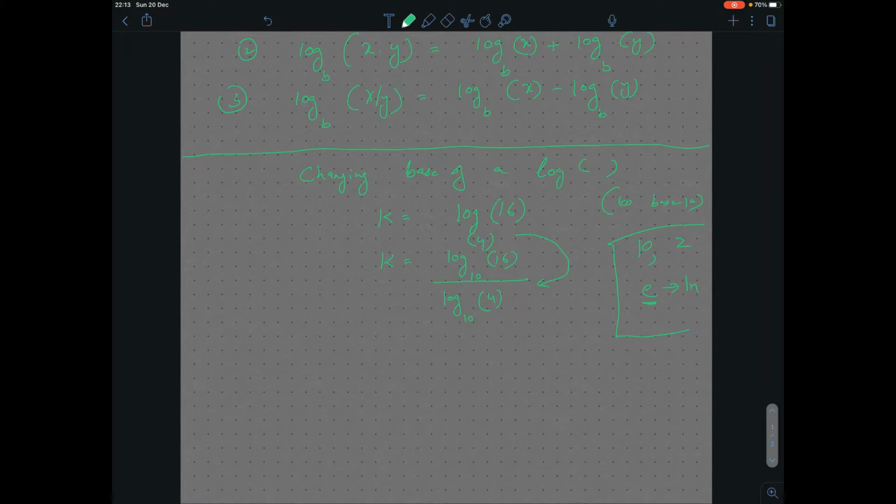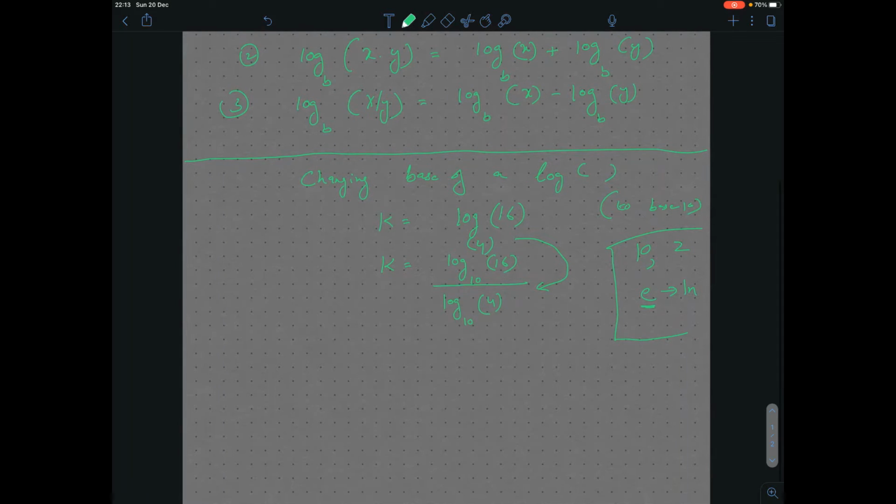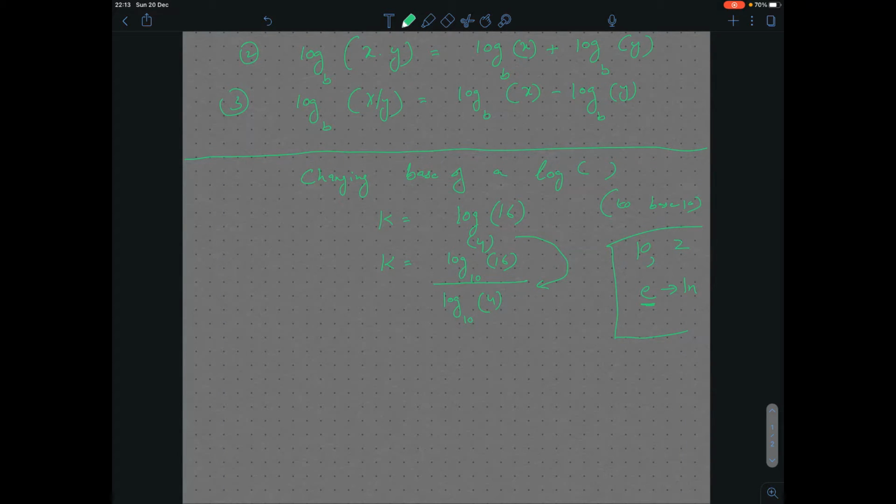Going back to this particular problem, this was just a conversion from base 4 to a base of 10. What we'd like to do here is change from a base of 4 to, let's say, a base of 5.